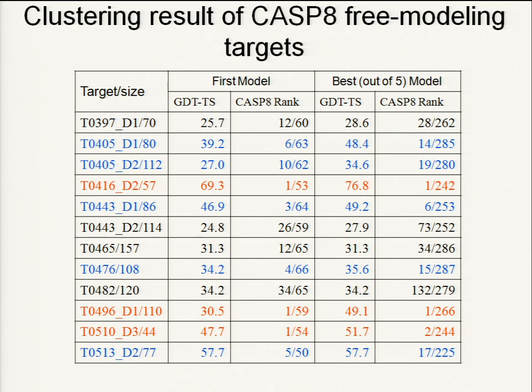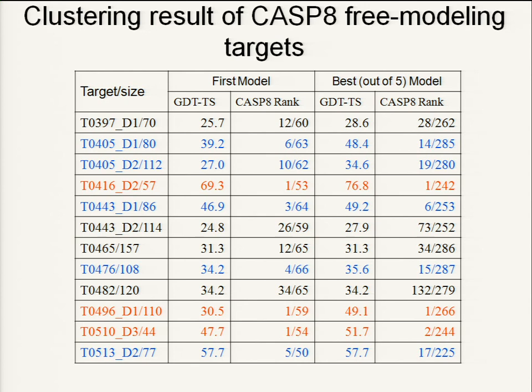This area is the result of our first cluster centroid compared with the first model submitted by each server from CASP. And this area is our best cluster center out of 5 cluster centers, compared with the best server submissions from other groups.